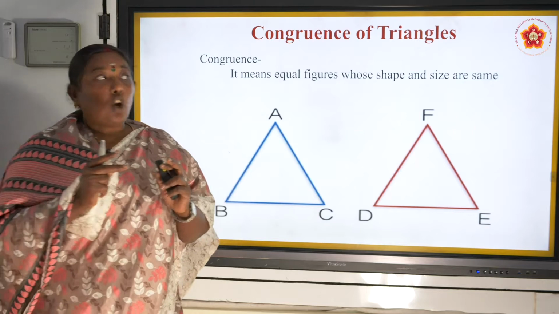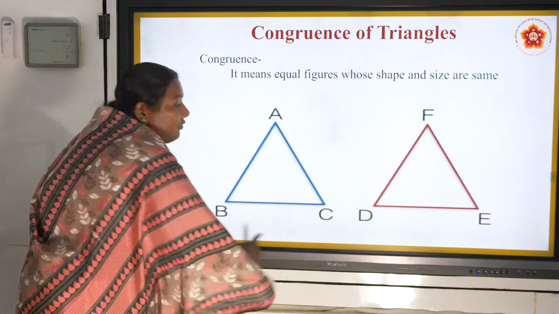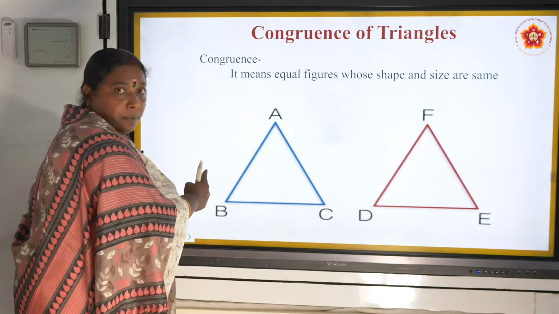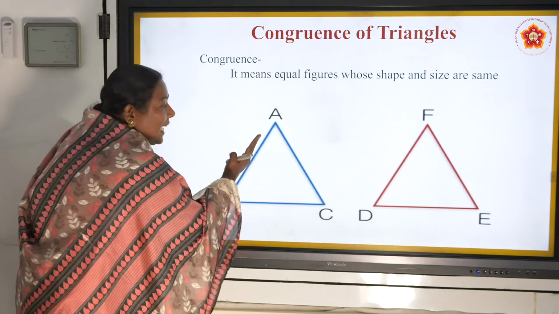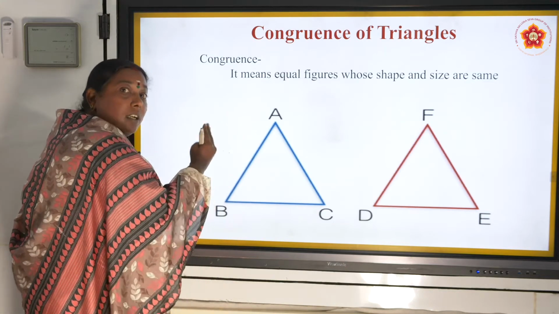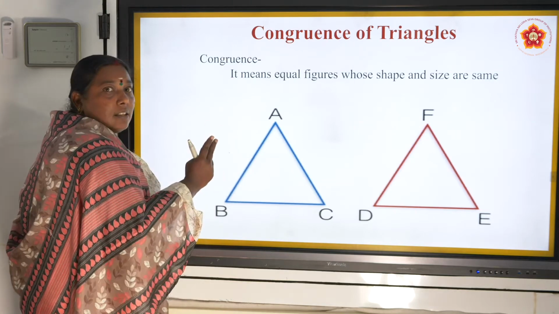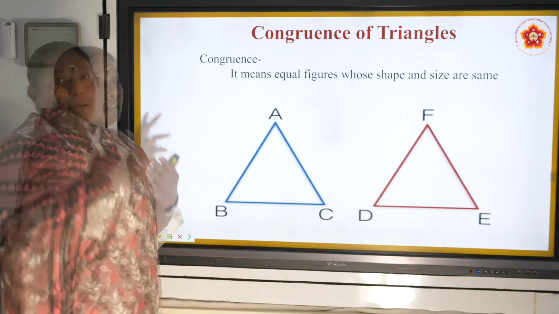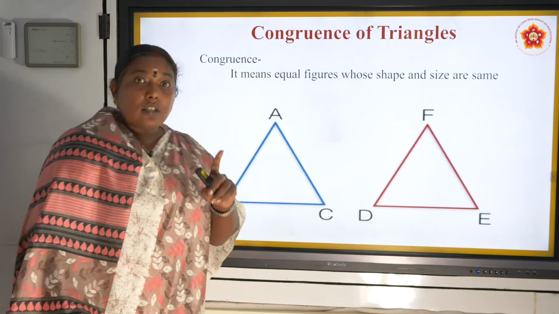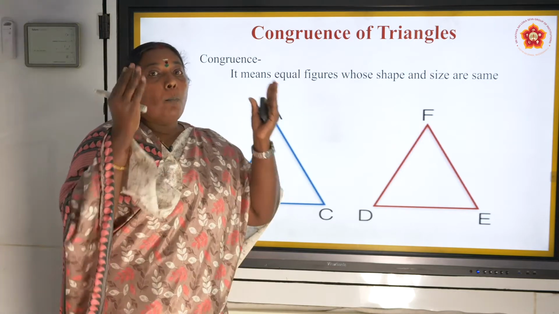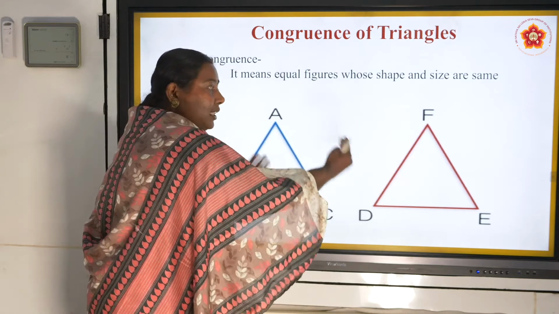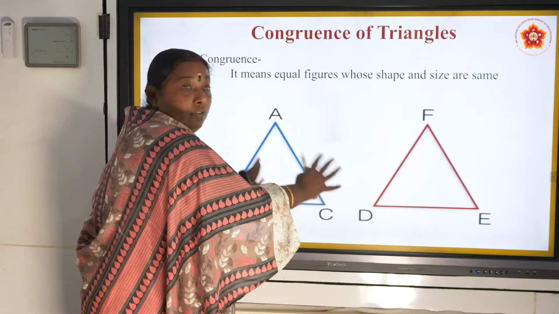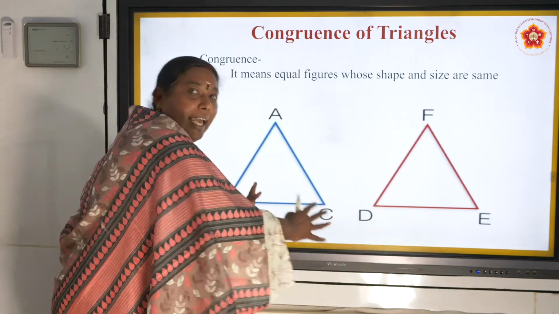Congruent means we are talking about the whole figure or whole shape. Congruence means we are talking about sides, that means a side, an angle, or two sides, one angle, like that. I'm telling again, congruent means we are comparing both the shapes, both the figures, both the diagrams with all the sides and with all the angles.